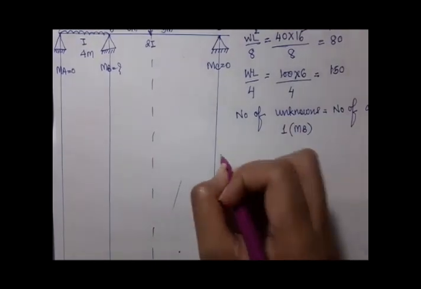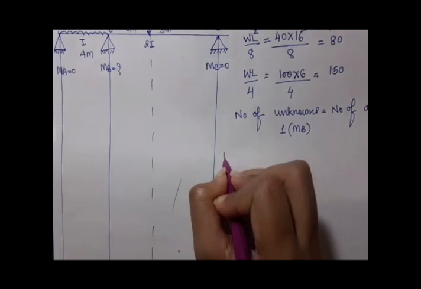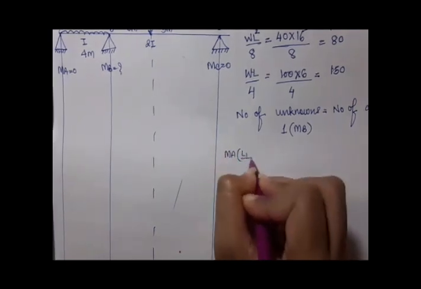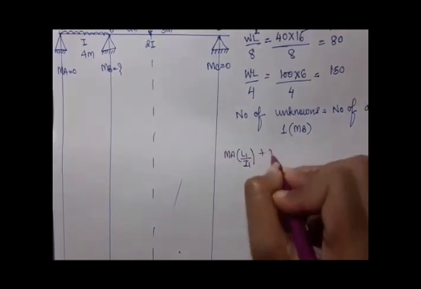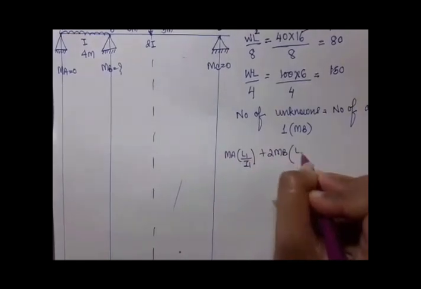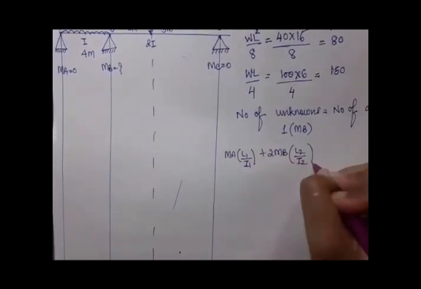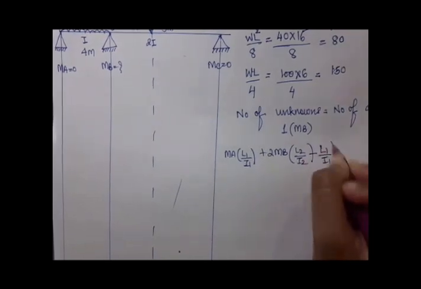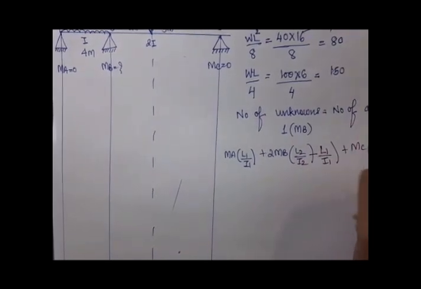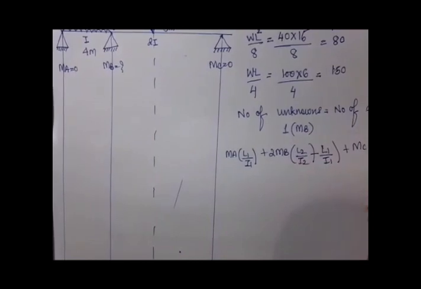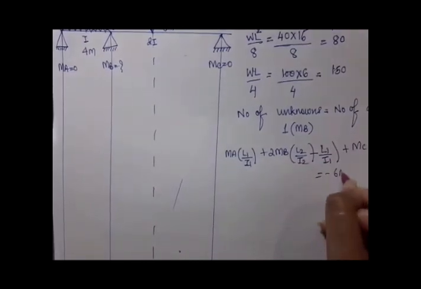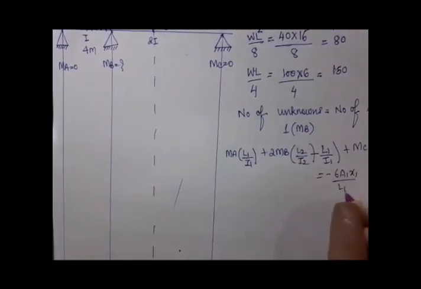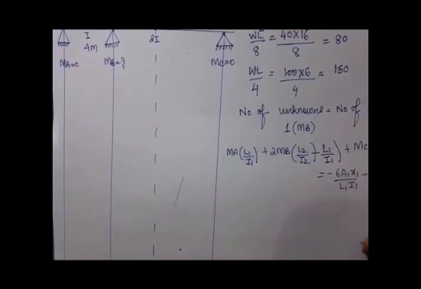So now applying the TMT formula, that is MA L1 upon I1 plus 2MB into L1 upon I1 plus L2 upon I2 plus MC L2 upon I2 equals to minus 6A1 x1 upon L1 I1 minus 6A2 x2 upon L2 I2.